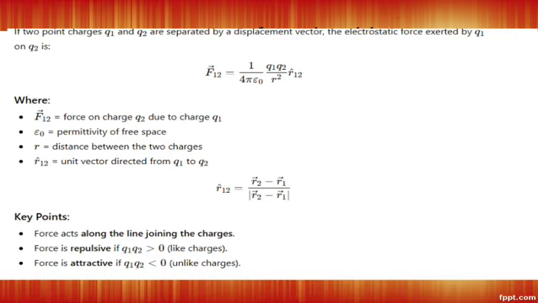And this can be written as: the two point charges Q1 and Q2 are represented by position vectors, and the force is given as F12. F12 is equal to 1 by 4 pi epsilon naught into Q1 Q2 divided by R square, into R12, where R12 is the unit vector between 1 and 2, and F12 is the force on charge Q2 due to the charge Q1.